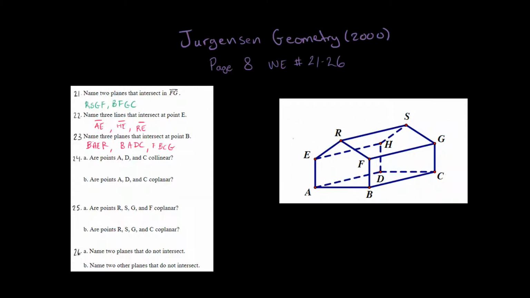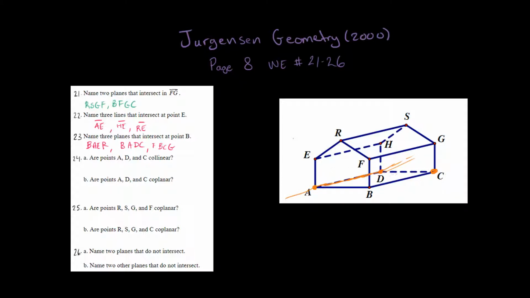The next problem, 24, asks, are points A, D, and C collinear? So remember, to be collinear, points need to be on the same line. So we're looking at points A, D, and C. To test this, we're going to try drawing lines through A, D, and C. I'm going to draw a line from A to D, and continue it a little bit out that way.